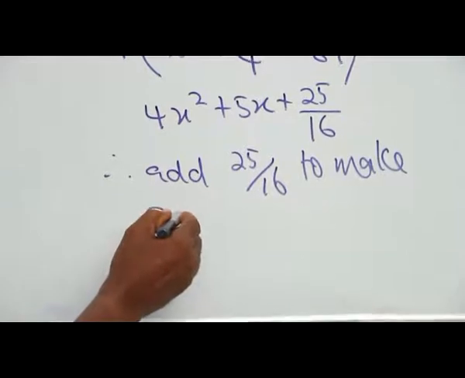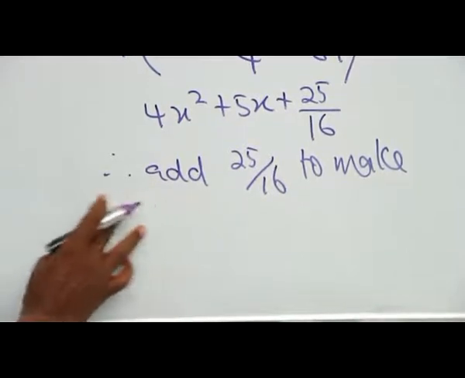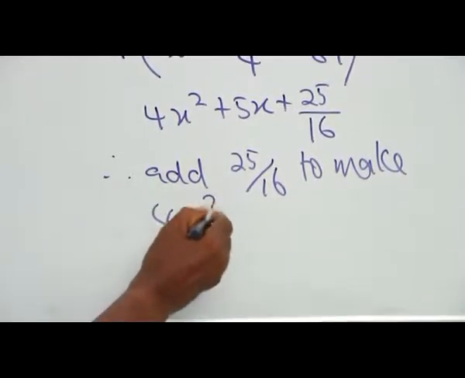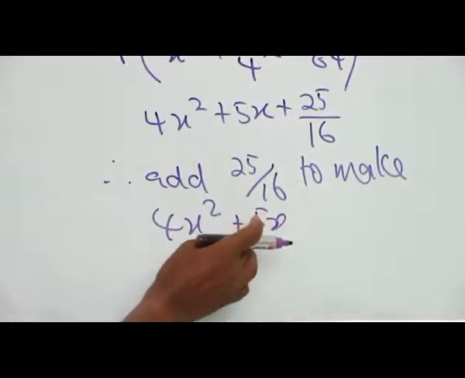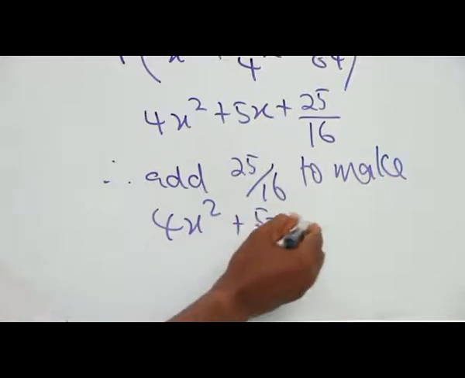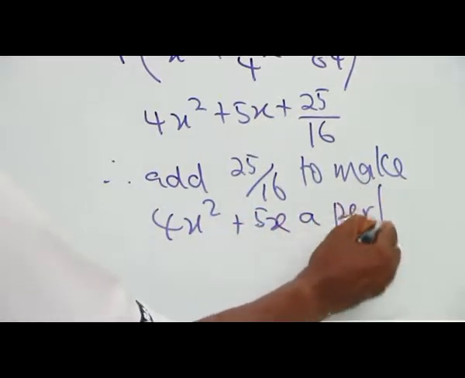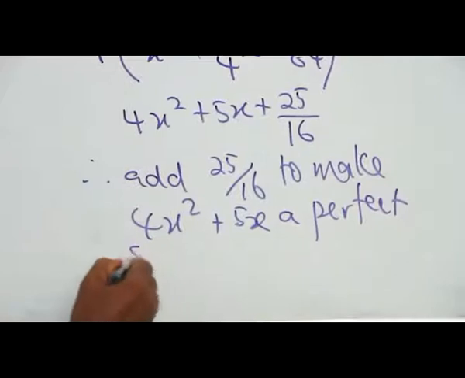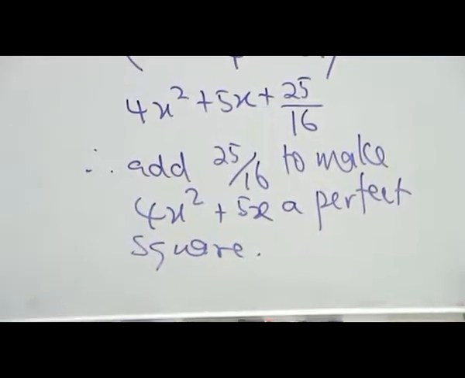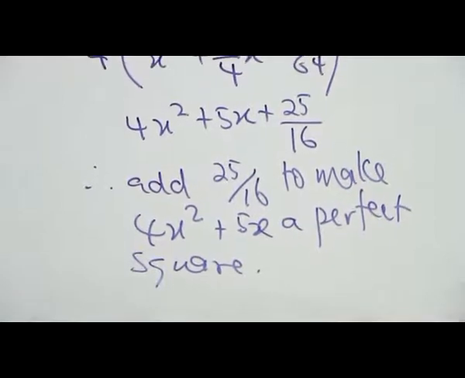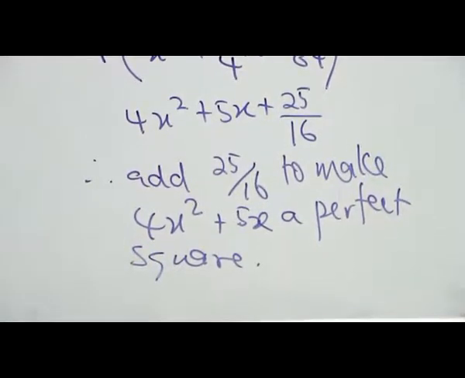To make 4s squared plus 5s a perfect square. And that was the solution we got, where we used the formula b squared equal to 4ac.